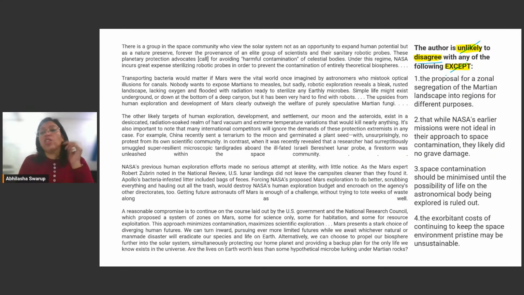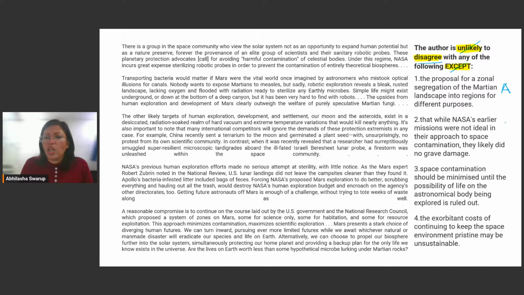So the author is going to disagree with which of these? Let's take a look. The proposal for a zonal segregation of Martian landscape into regions for different purposes, he's going to agree with this. Okay, he's already said that let us segregate, right? That while NASA's earlier missions were not ideal in their approach to space contamination, they likely did no grave damage.